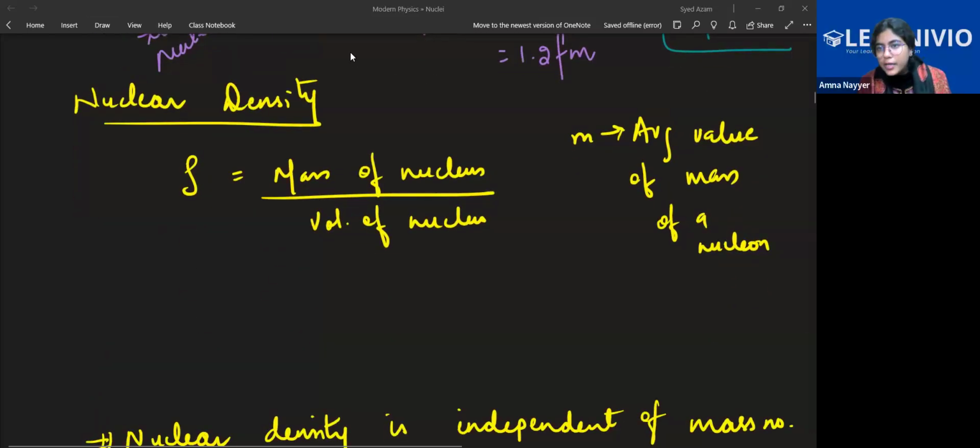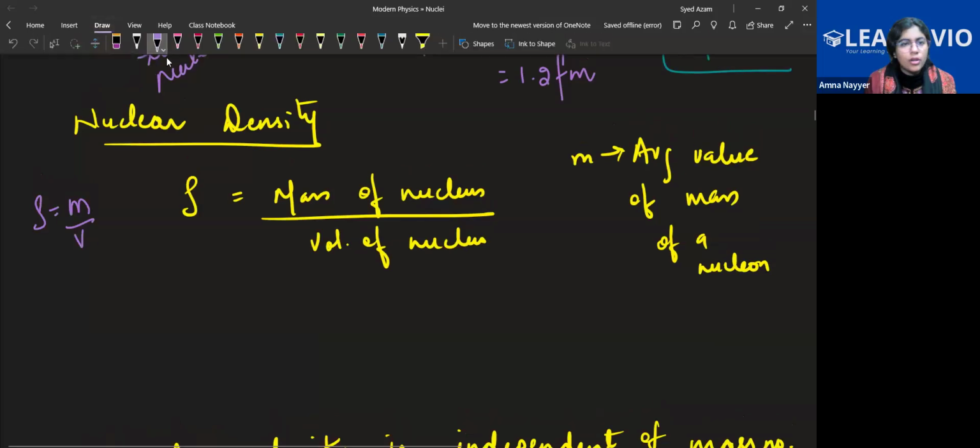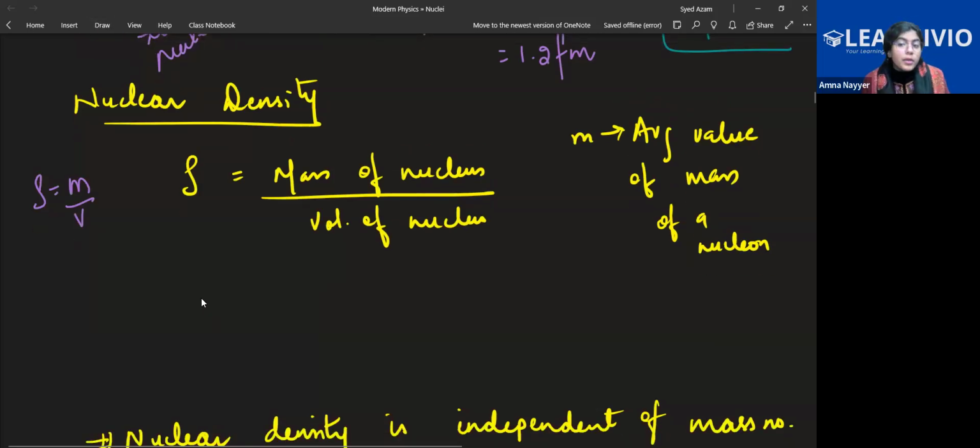Coming to the nuclear density part. So density is always mass by volume. We know this. So when we're talking about the nuclear density, it will be the mass of the nucleus by the volume of the nucleus. So let us put the value.